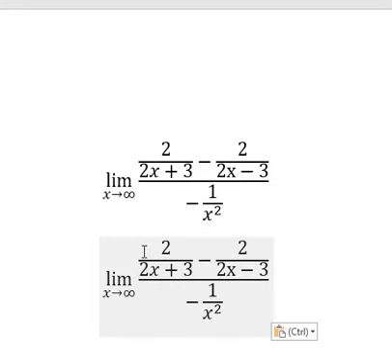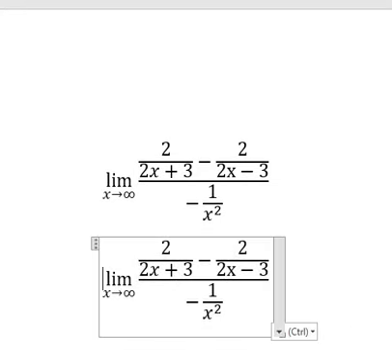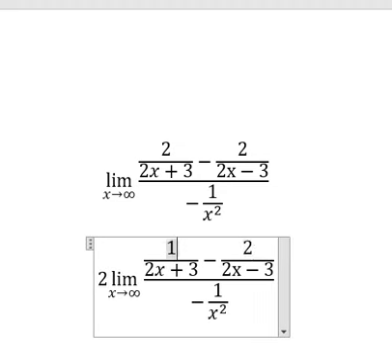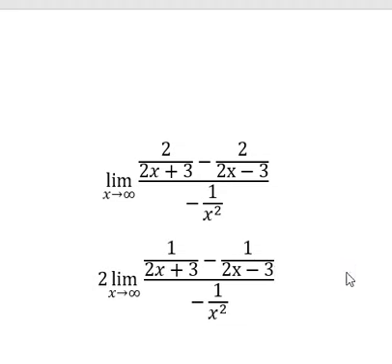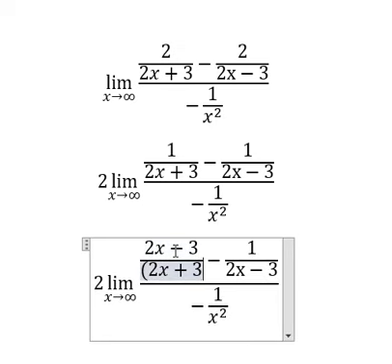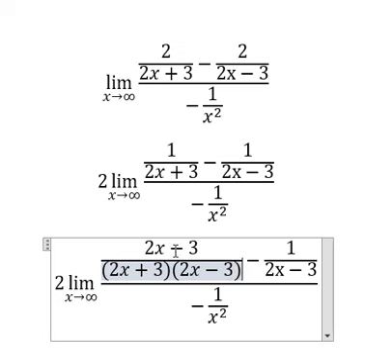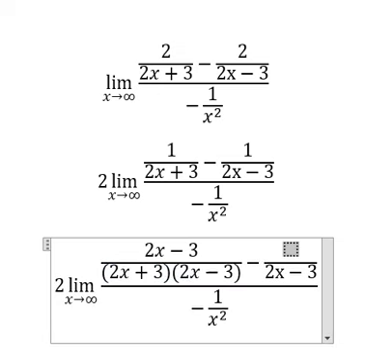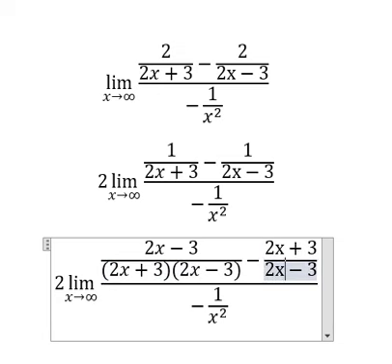So I will put number 2 go outside in here. So this one will multiply by 2s minus number 3. This one by 2s plus number 3.